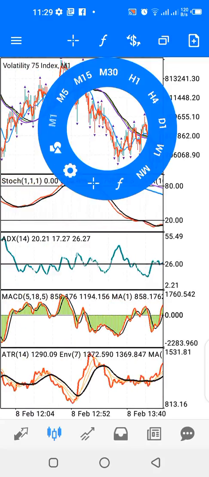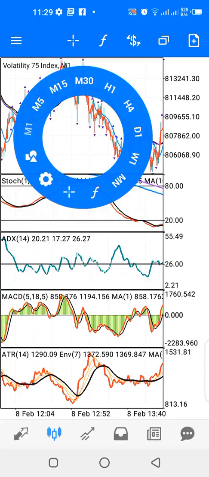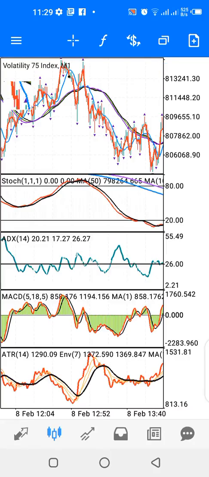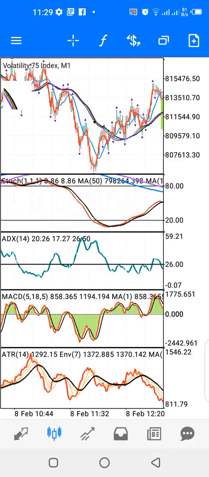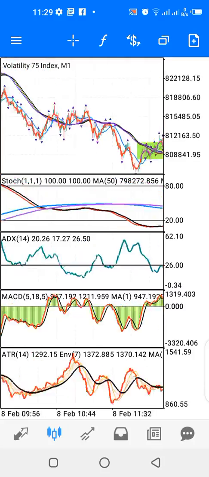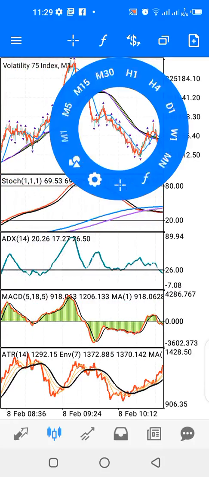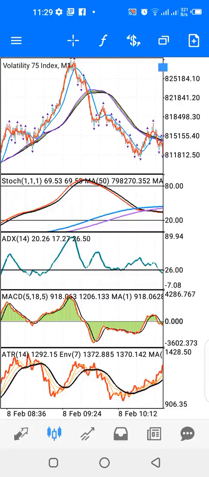You have a sell somewhere around here. You have a buy here. Now you have your sell where the red and the blue line cross down on the three lines.